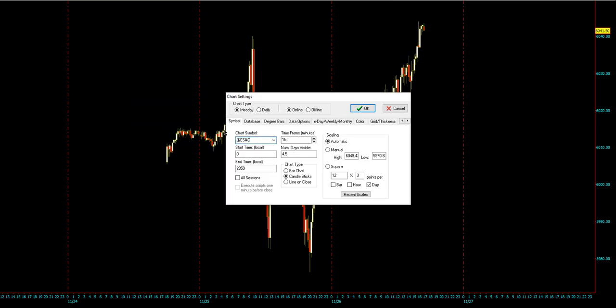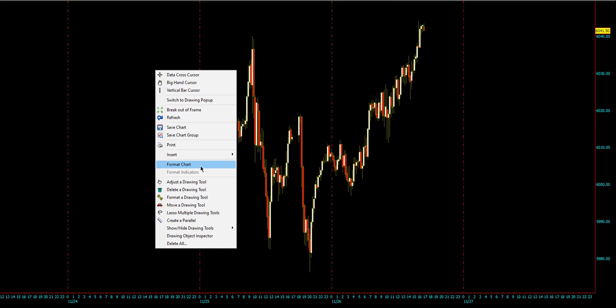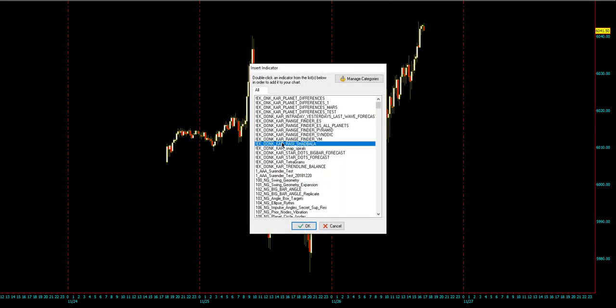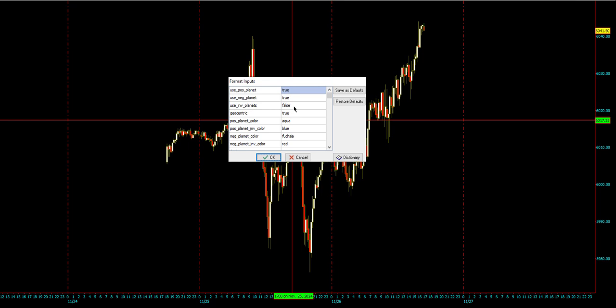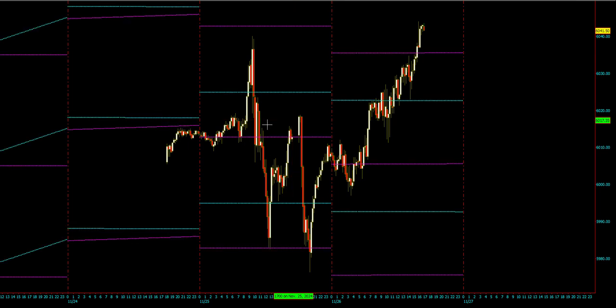So this is the ES 15-minute chart, and we are going to apply the 369 price energy grid here first. Now this is the area where the market took sideways action.